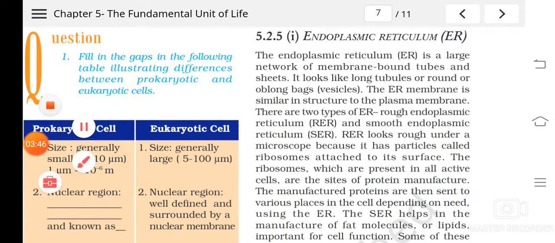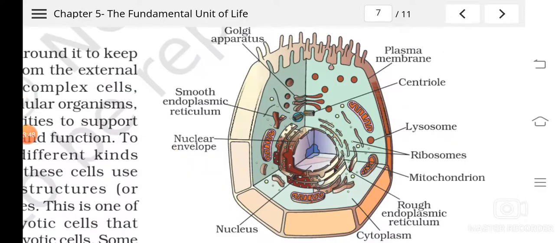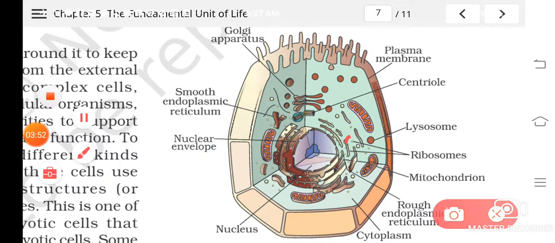Is it clear? This is an animal cell, and you can see the RER and SER here. Just near the nuclear membrane, as an extension of the nuclear membrane, you can see the RER, with ribosomes attached to it as pods.